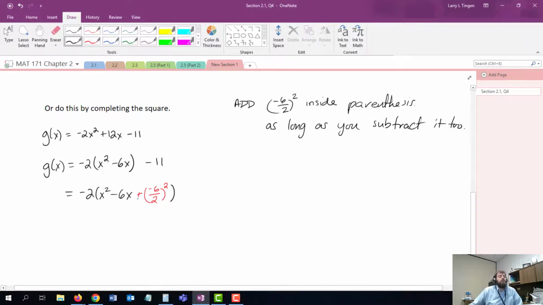Okay? Now, I have added this term inside the parentheses. So what I need to do is then immediately turn around and subtract it. Minus negative 6 divided by 2 squared, and then minus 11.